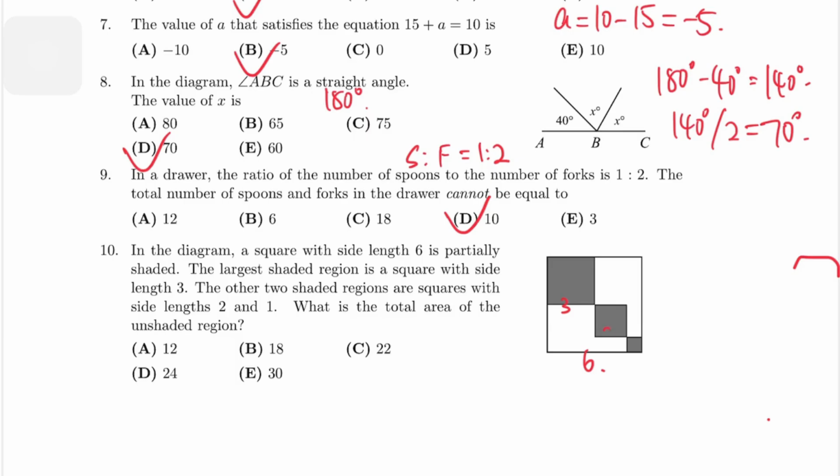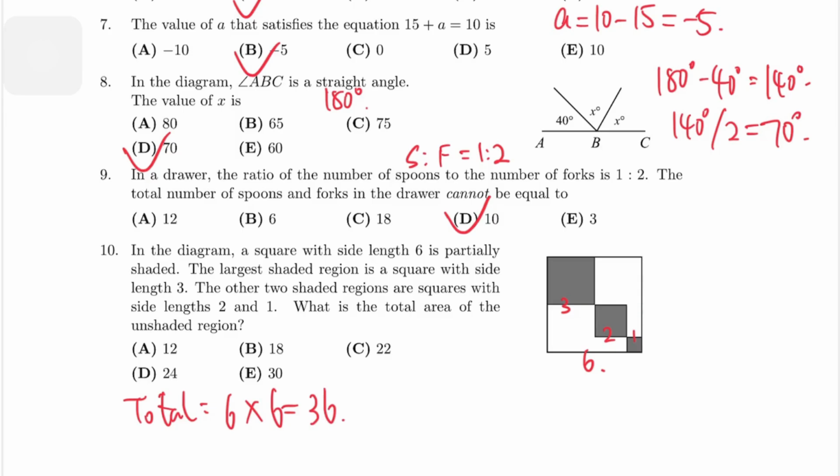Okay, so in order to find the unshaded region, we need to find the shaded region area, right? Then we can use the total, subtract the shaded region. First we need to find the total area, which is 6 times 6, 36.